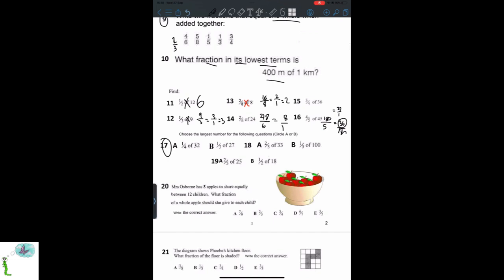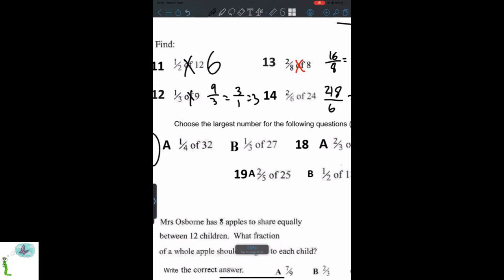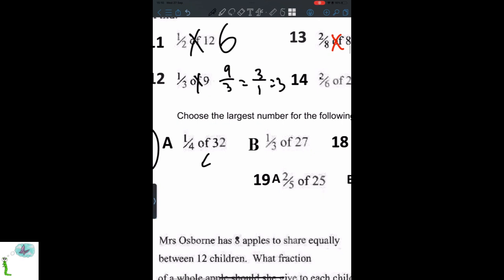Which number is the biggest? Again, we have to make these into whole numbers so we can actually understand. What's a quarter of 32? We'll just divide it in half and then divide that in half again, and you're going to get 8. What's a third of 27? Well, just think about what goes into 27 3 times.